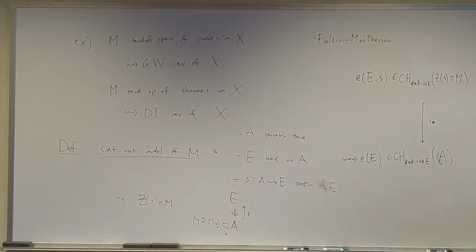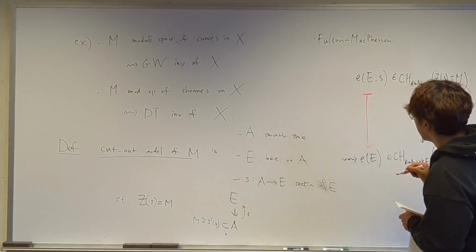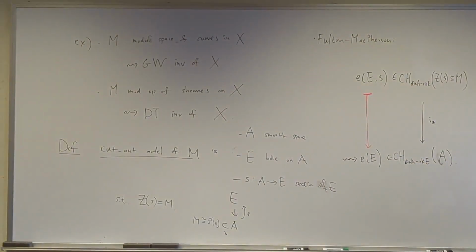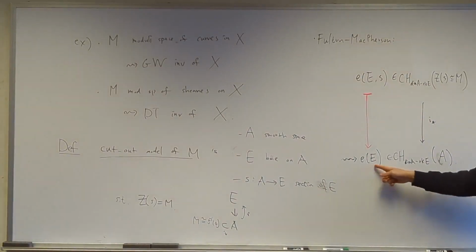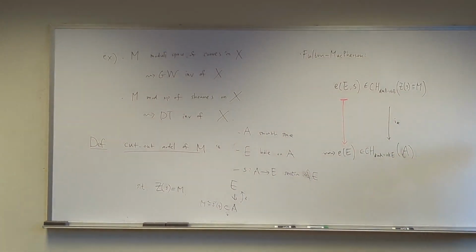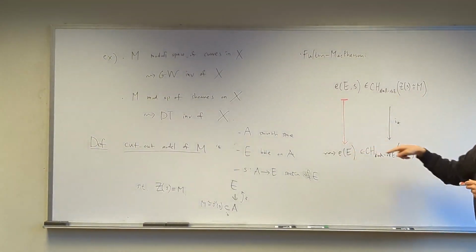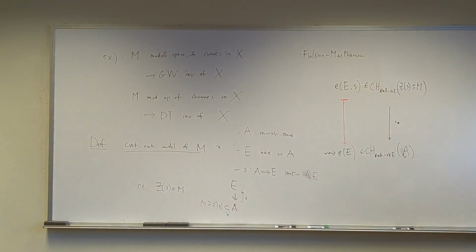What they constructed is a class inside M which pushes forward to the Euler class, which is defined on the ambient space A.